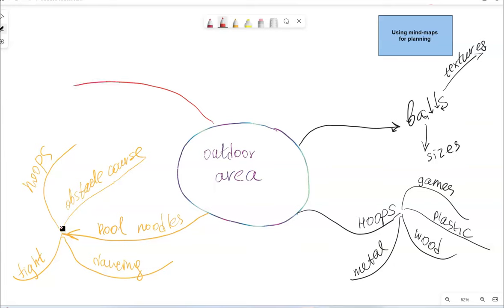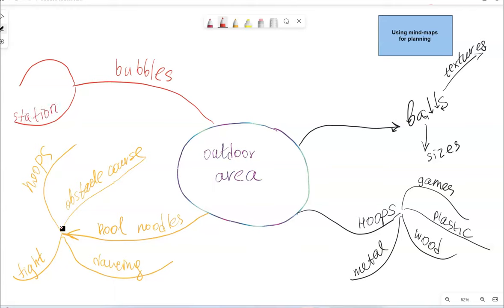So we usually use one idea per branch if you're using mind maps. And here you are thinking about, let's say, bubbles. But instead of just using plastic bubbles from Kmart or any other shop, you can think of a bubble station. So set up a station.